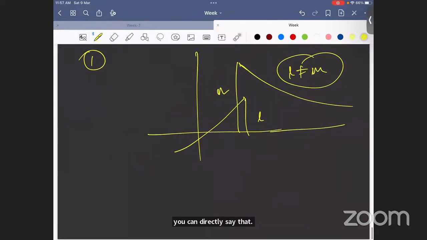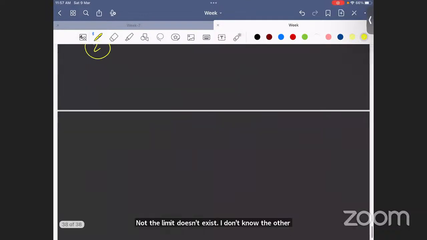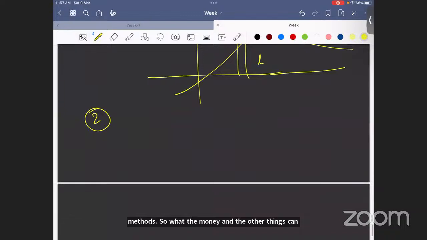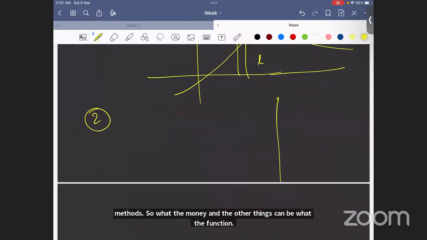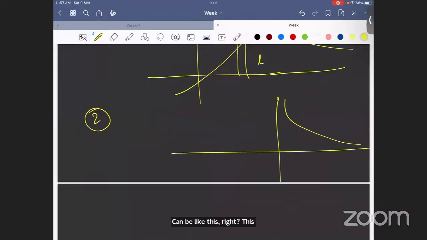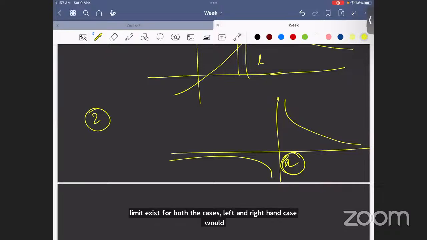I don't know the other methods. The other case can be a function like this. At A, if you're going from the right hand side and left hand side, both are not equal here also, correct? The limit exists for both the left hand and right hand cases, but both are not equal, so you can directly say that the limit at A doesn't exist.